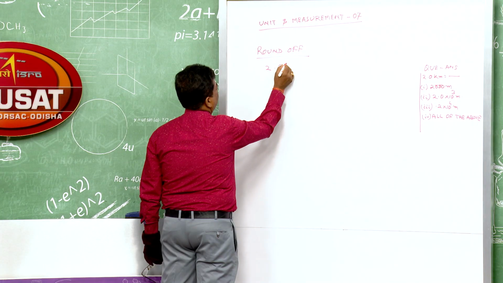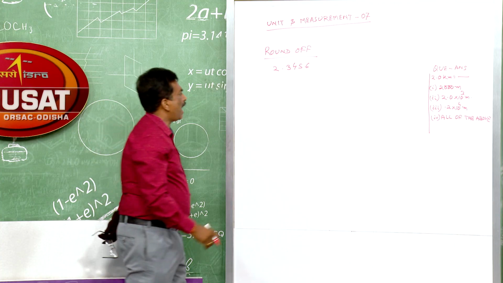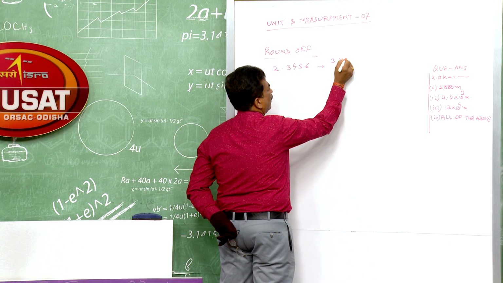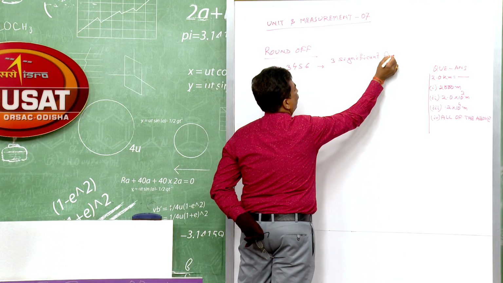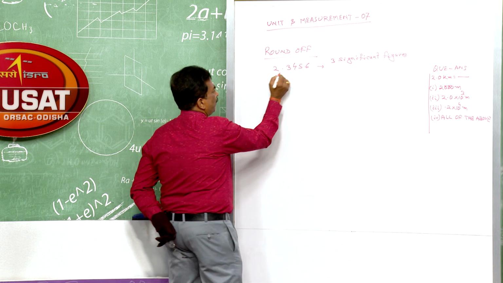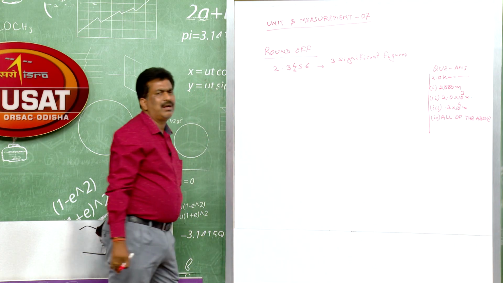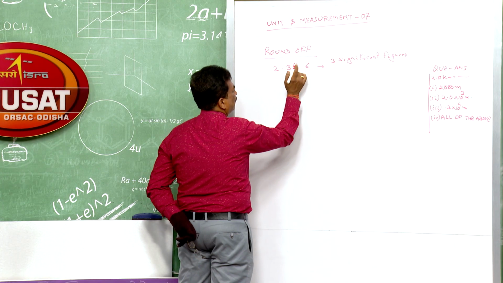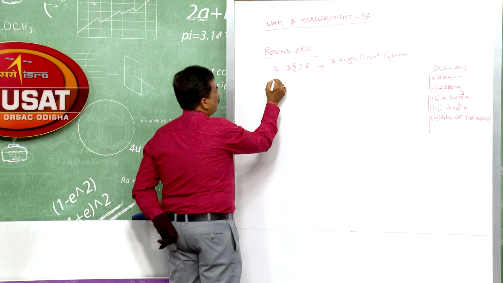Suppose 2.3456 is a given measurement, and I want it up to 3 significant figures, then we have to round it off. 3 significant figures means 1, 2, 3, and after that it is to be rounded off.